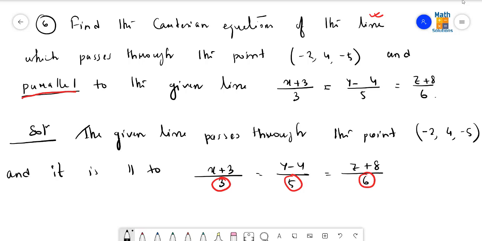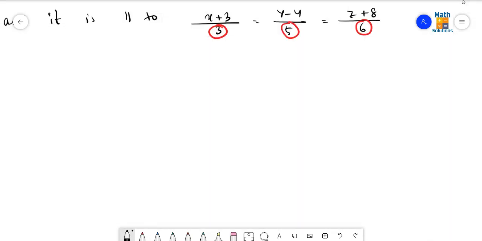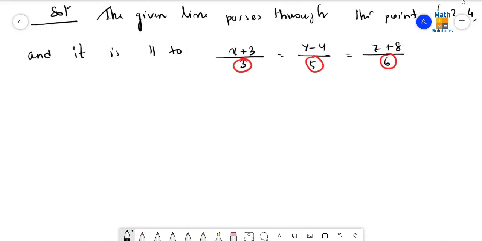On this basis, what can we write? You have to mention this here. As the lines are parallel, their direction ratios are proportional.